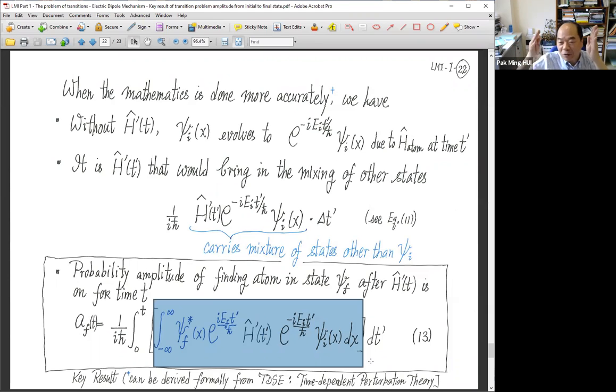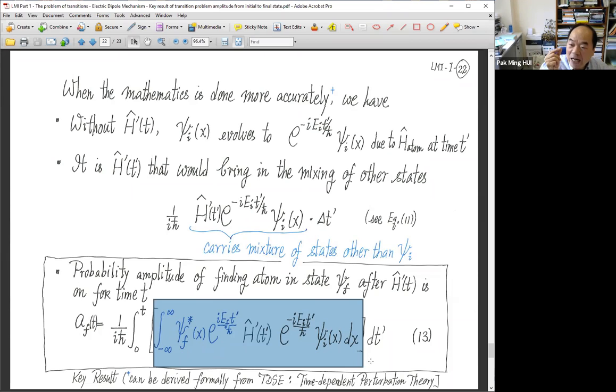Now, we are asking the question at time t. From 0, switch on, time t, we ask the question. We are thinking about somewhere in between called t prime, at a little delta interval delta t prime next to t prime, okay? So this spatial integral is a generalization of the thing that we just discussed.